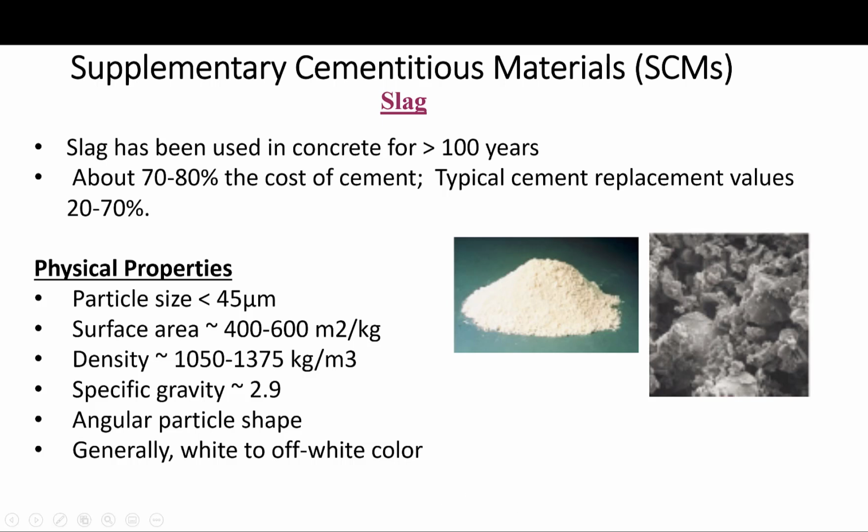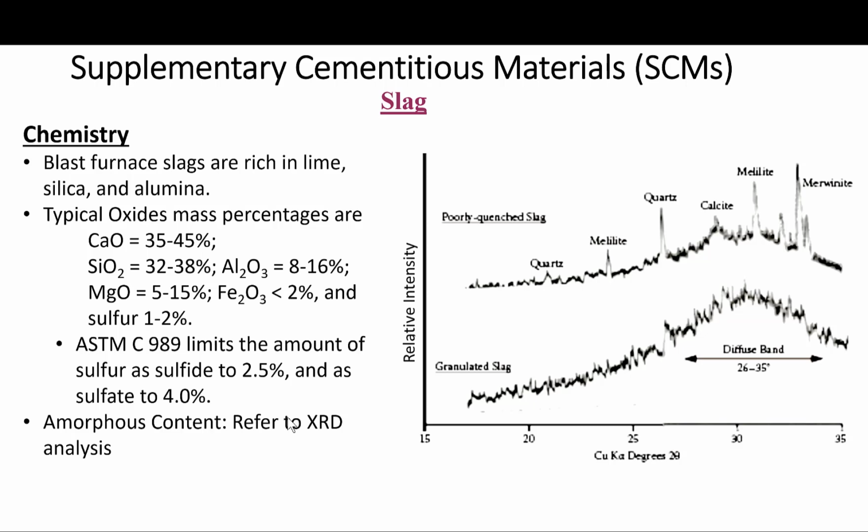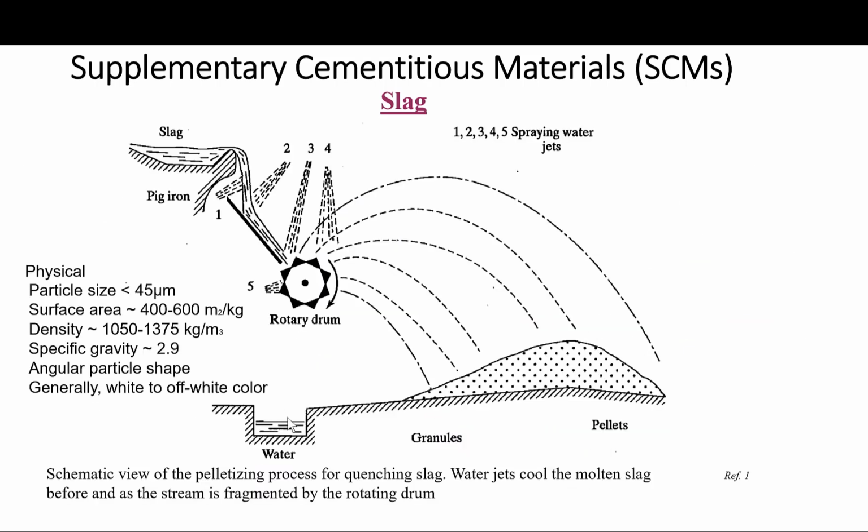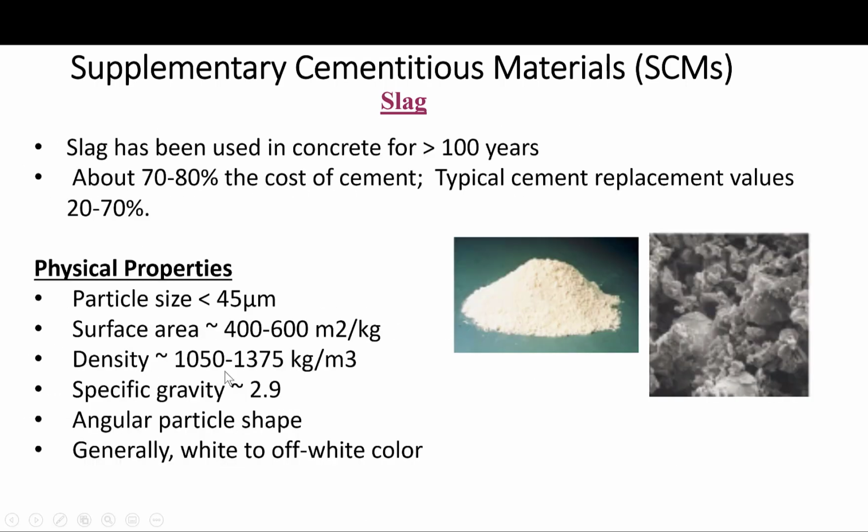These are the physical properties which I mentioned on a previous slide. Right here they are listed again for reference. This is how the material looks. It's white to off-white in color, and this is an image under a microscope of how the slag looks.